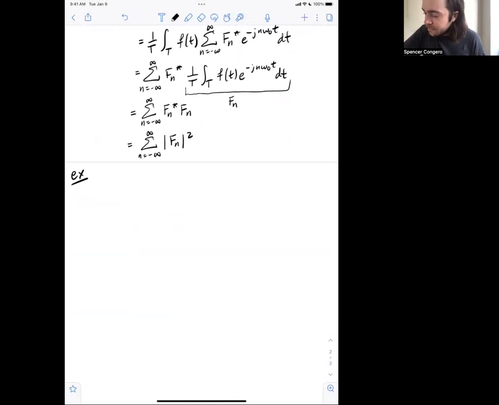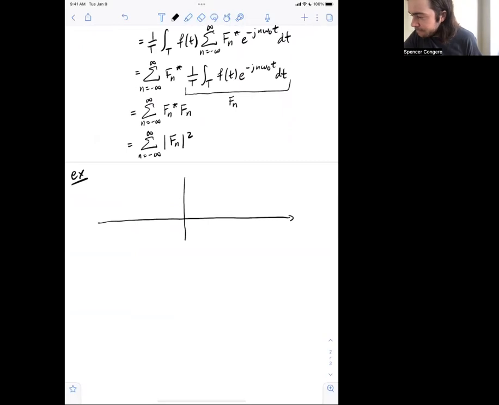For this example, I'm going to draw a function here that should look pretty familiar. I'm going to call it f of t, and it's going to be the sawtooth function. We saw not quite this one, as you'll see in a second. I'll just draw 3. We saw a very similar one in a previous video.